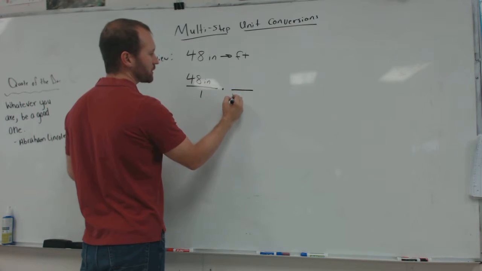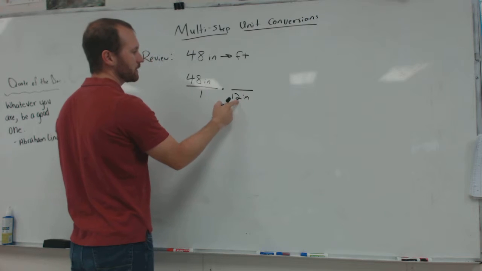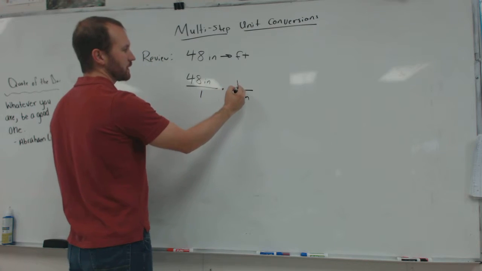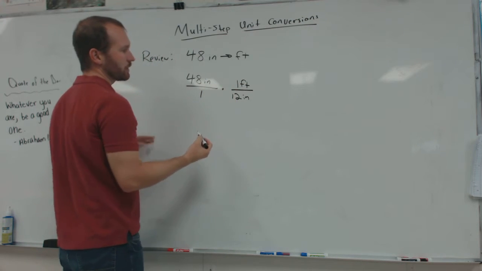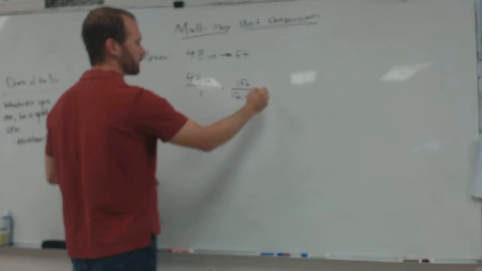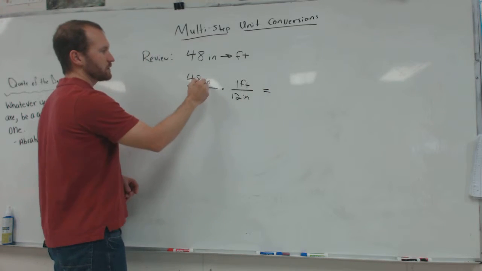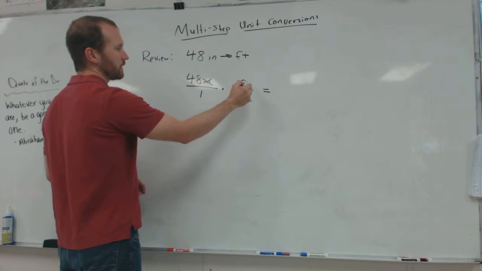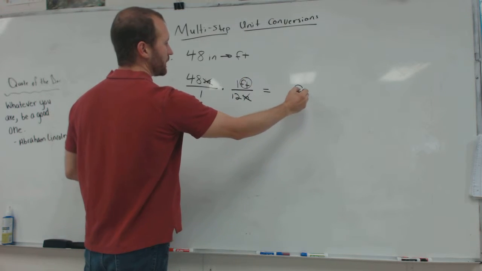I remember to put 12 inches in the bottom so that it cancels with inches, and 1 foot up top. Inches cancels with inches. We'll have feet left, which is what we wanted.